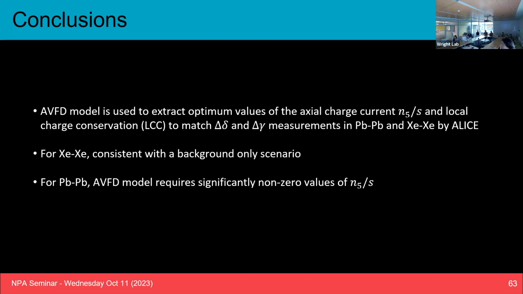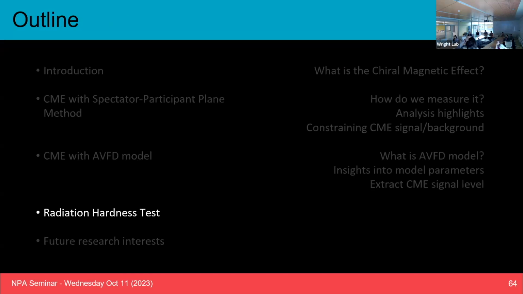And for the flat, we need a sizable input for this direct imbalance to be able to reproduce the data. But of course, this is model dependent. So you have to trust the model, which is not 100% accurate.